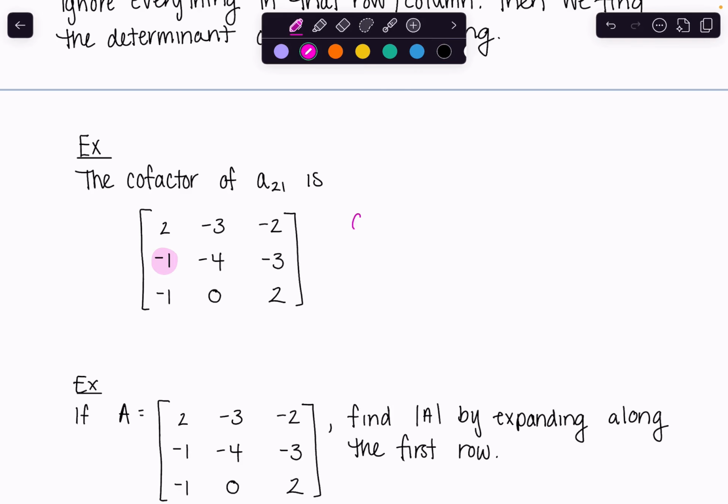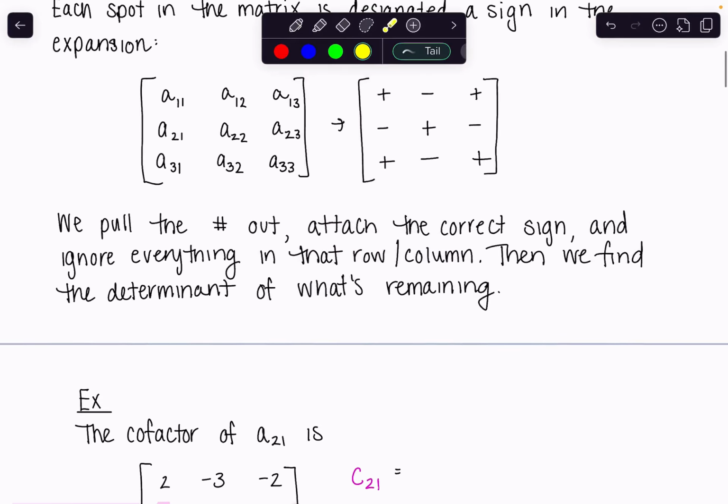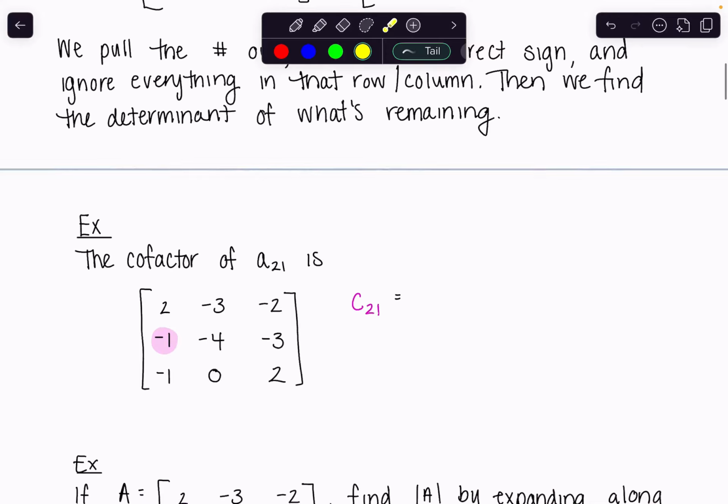So we indicate this as the cofactor with the C, C2,1. Okay. If I look at my sign matrix, that would be a negative quantity. So we get a negative attached out front. Then I pull this number out as well. And then I'm going to be left with a 2 by 2 matrix.